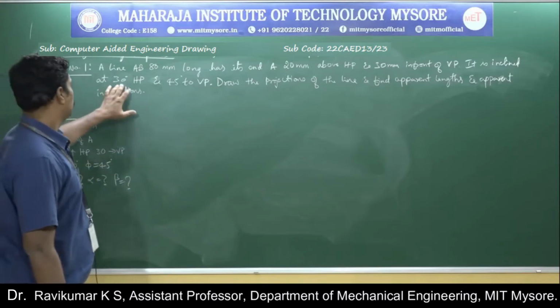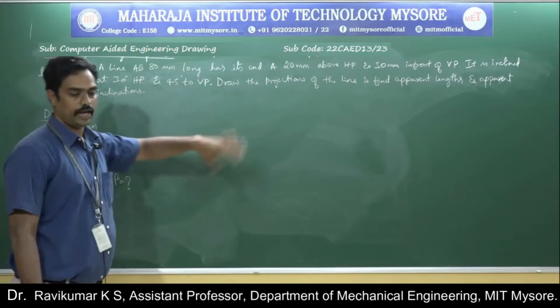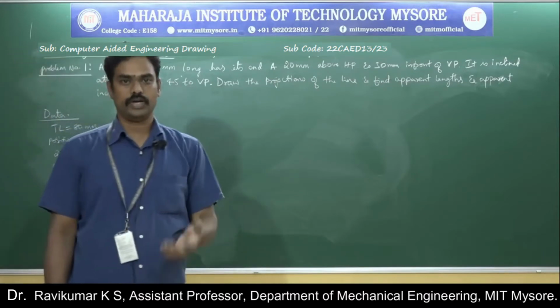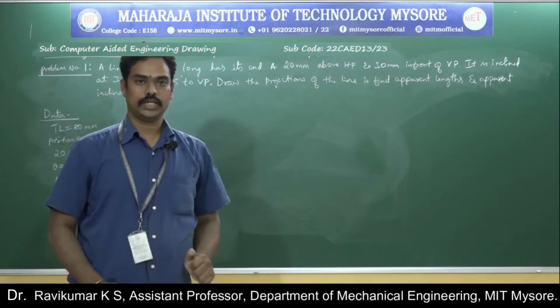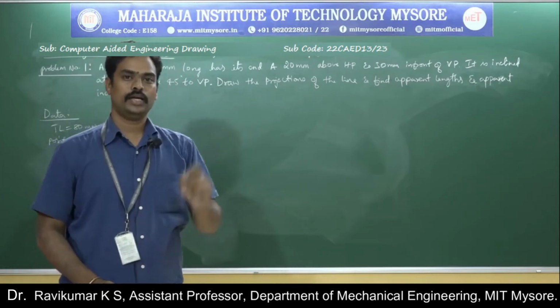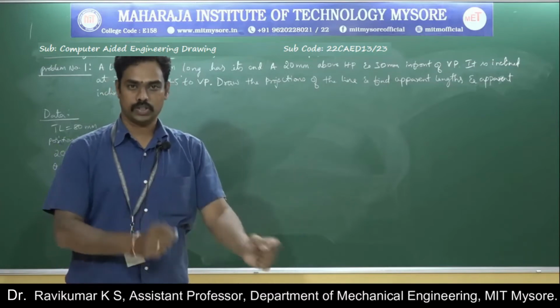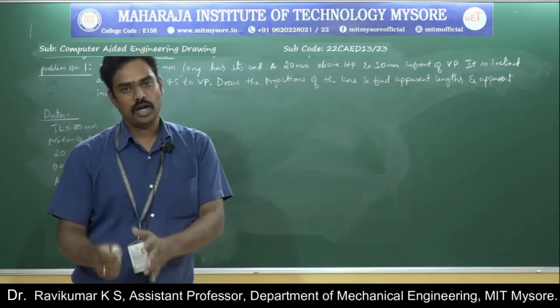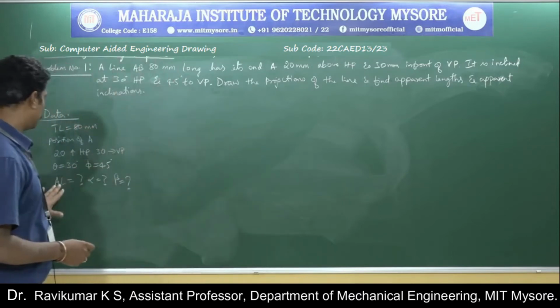It is inclined at 30 degrees to HP and 45 degrees to VP. Again, if the inclination is given directly as 30 degrees, 45 degrees, it should be the true inclination. If the inclination is given like in the top view, in the front view, or appears to be 30 degrees, appears to be 45 degrees, then it is apparent inclination. Since here it is given directly, it is true inclination.